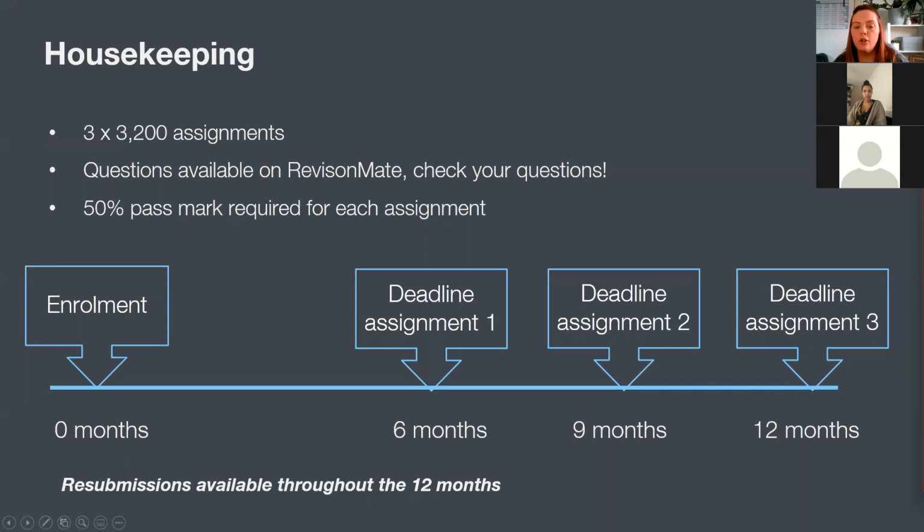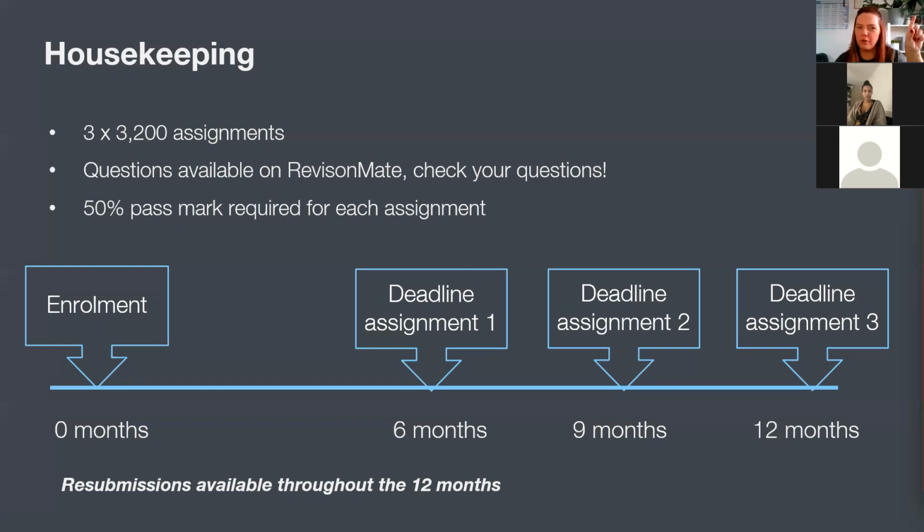As usual, the word counts don't include diagrams, but it does include any text contained in any tables that you might use, which is a similar premise to the diploma. Again, it doesn't include your referencing, so don't include your referencing at the end when you're counting your word count, and also don't include any of the blurb that they put at the top of the answer sheet.